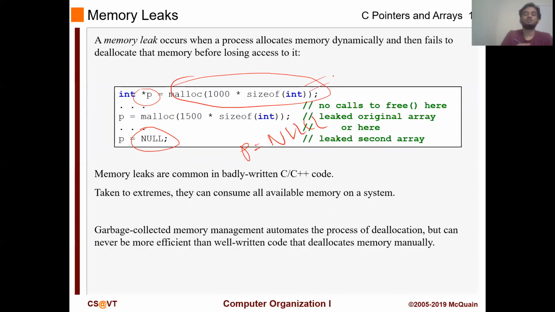So when that happens, there are some memories allocated that were not deallocated. In that case, if someone else tries to use that memory, it will not be able to. Memory leaks are common in badly written C++ code. Taken to extremes, they can consume all available memory on the system. Afterwards, you won't be able to dynamically allocate anything, even statically allocate anything.